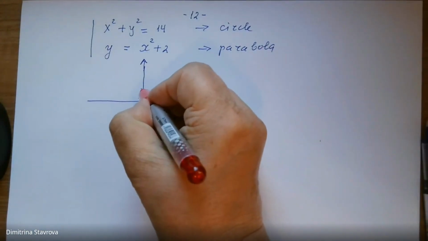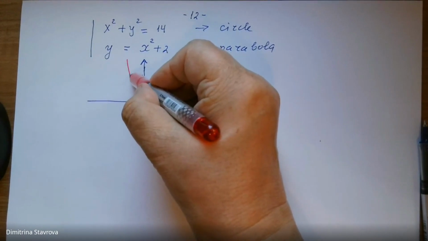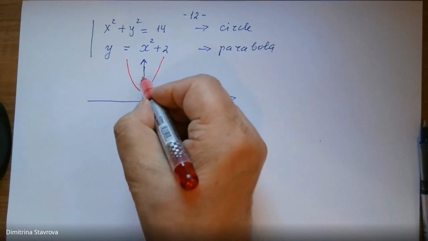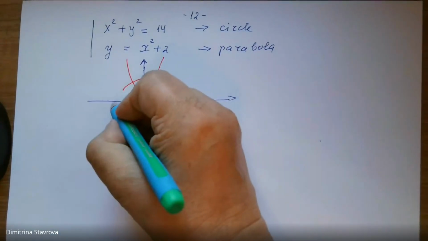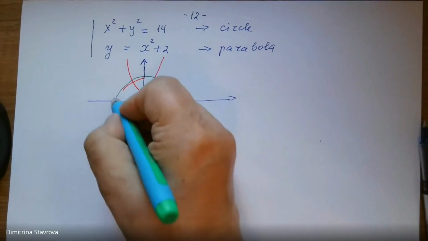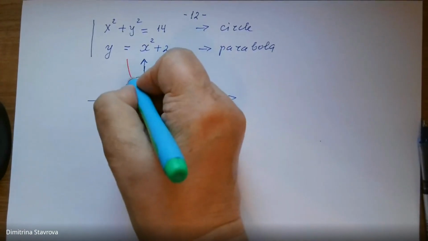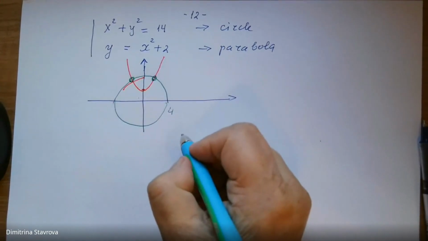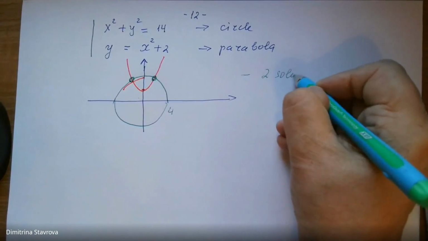So the parabola will be like that, with vertex at 2, and the circle with center at the origin and radius 4. So we have two intersection points, hence two solutions.